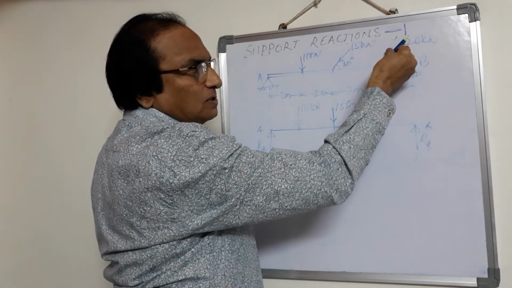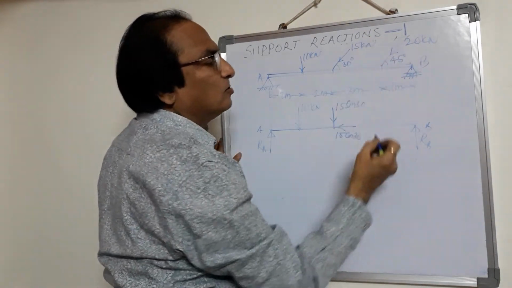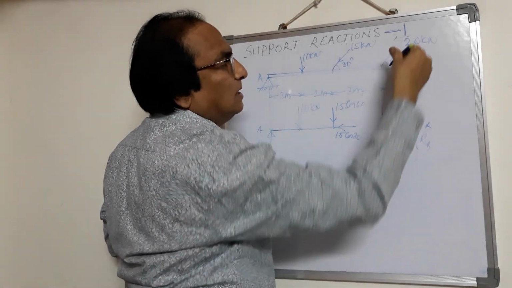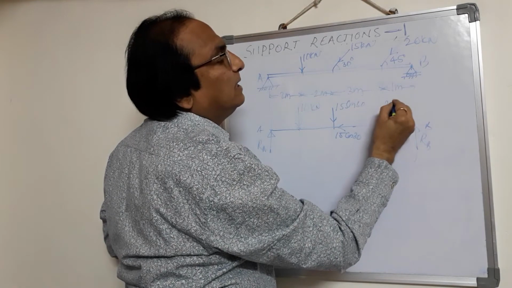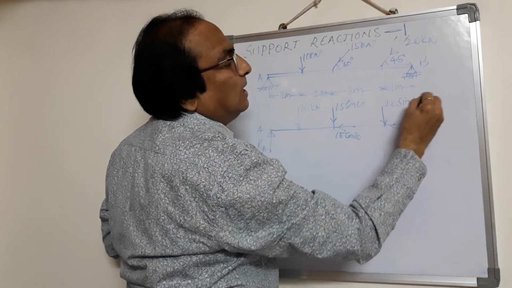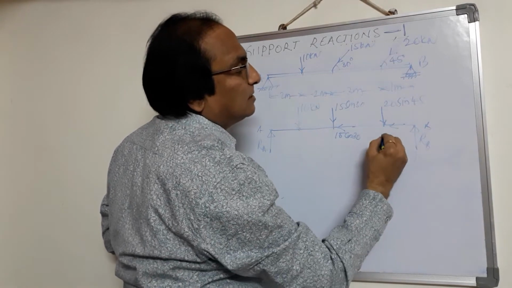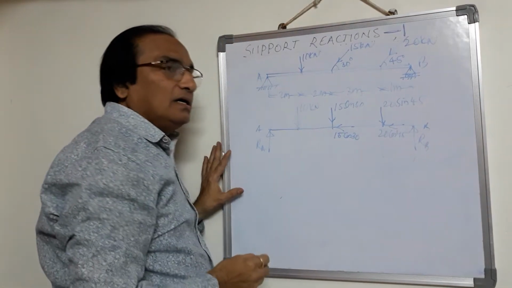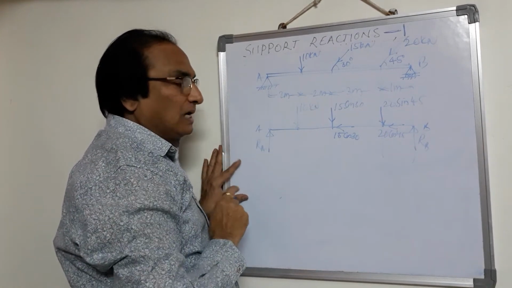Similarly, this force, if I resolve vertically and horizontally, you come across two forces, one vertically down, another left. So this will be 20 sine 45, away from the angle, and along the angle this will be 20 cos 45. This is the simplified figure that I have done.